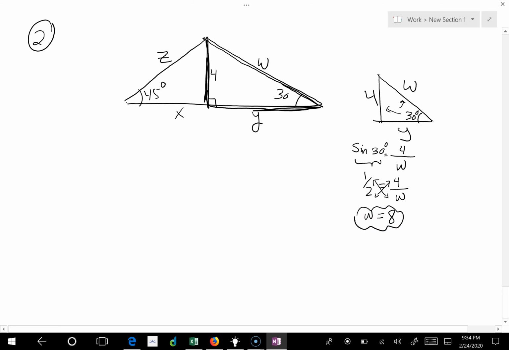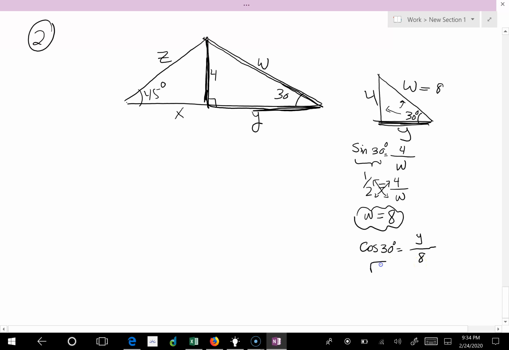And then now you want to find Y. You can use the cosine. So you say cosine 30 is going to be adjacent over hypotenuse. So now you know the hypotenuse is 8. So you would say Y over 8.